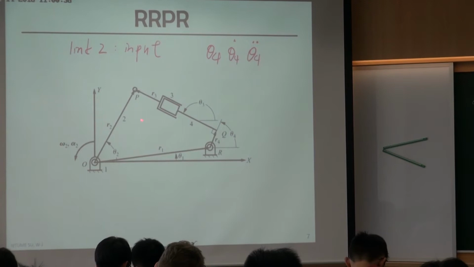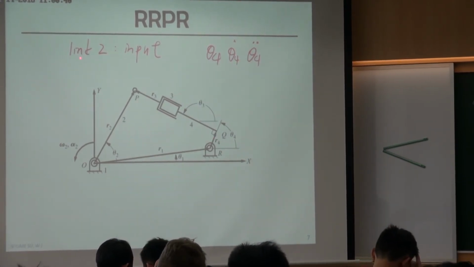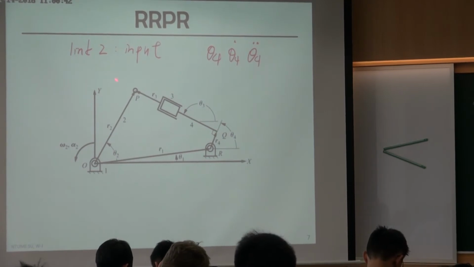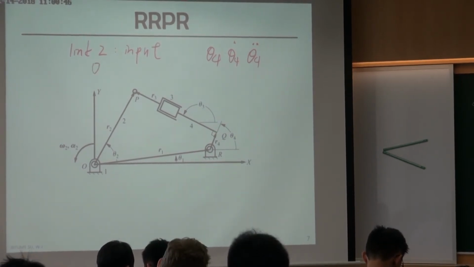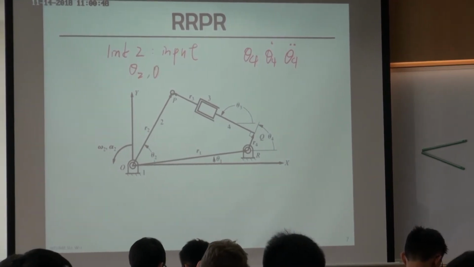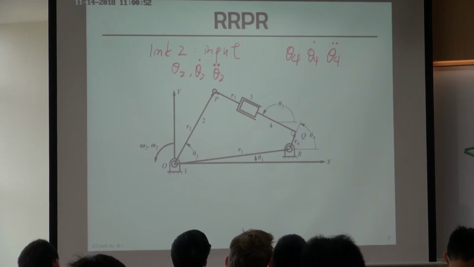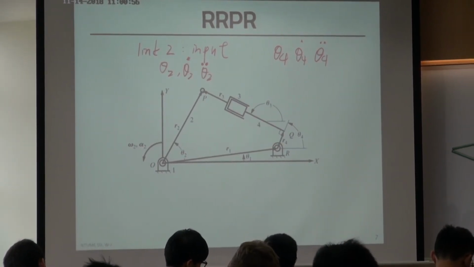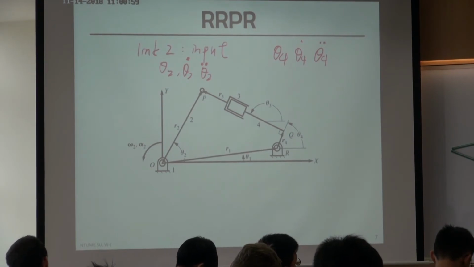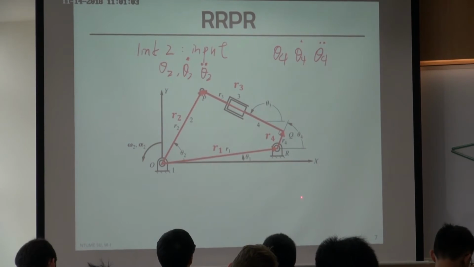So we should draw a vector loop which includes information of link 2, which is theta 2, or theta 2 dot, theta 2 double dot. I think this one is still quite straightforward.